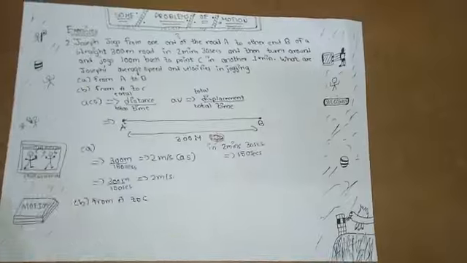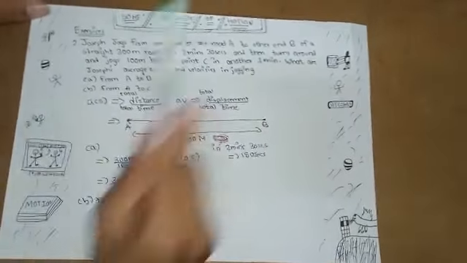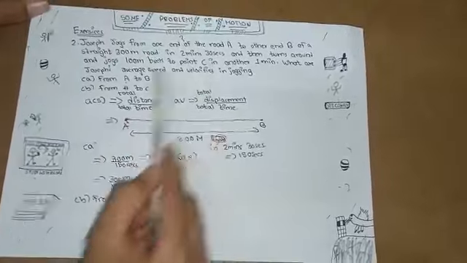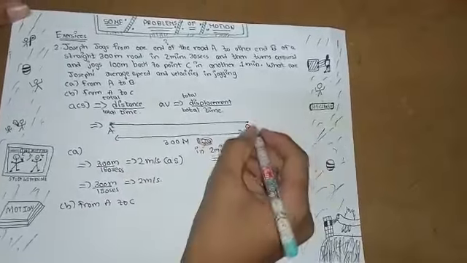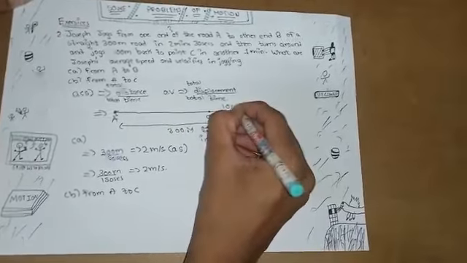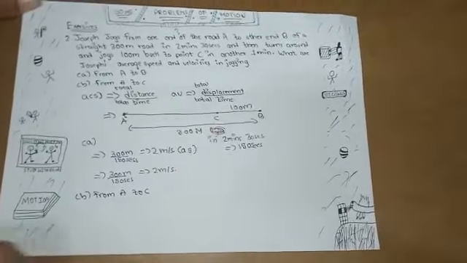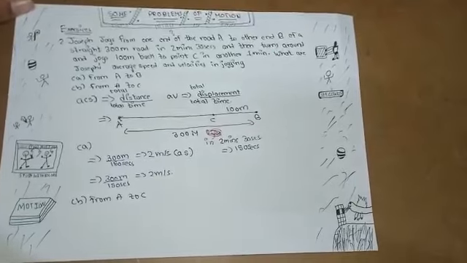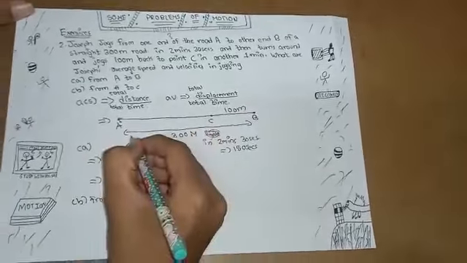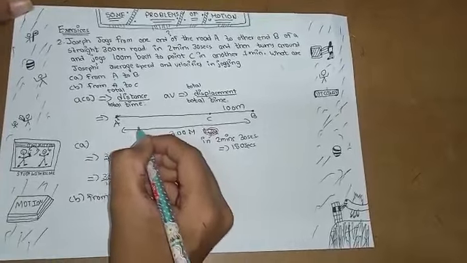Now B. They also said in the question that he then turns around and jogs 100 meters back to point C. That means from A to B and again back to C, he has traveled 100 meters. So what will be the final total distance? It would be 300 plus 100, because we have to add the total distance for average speed.